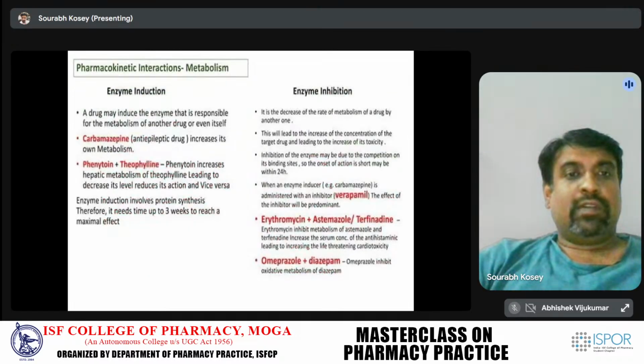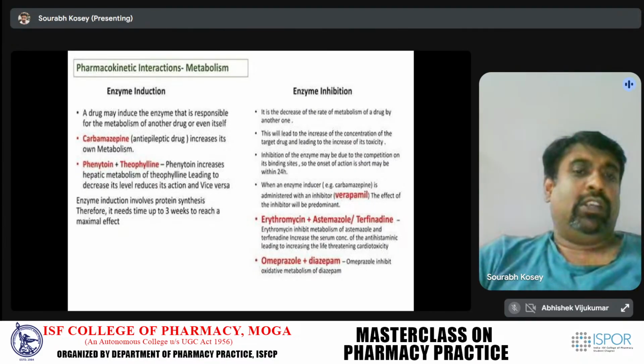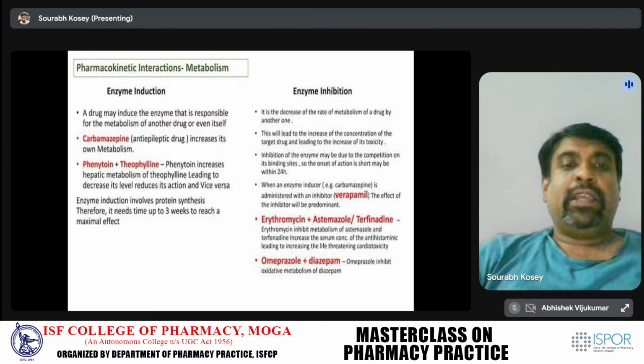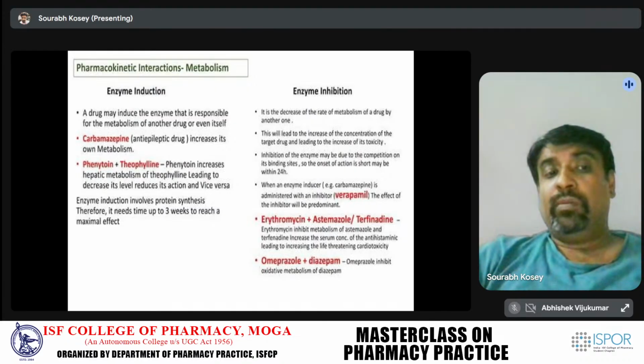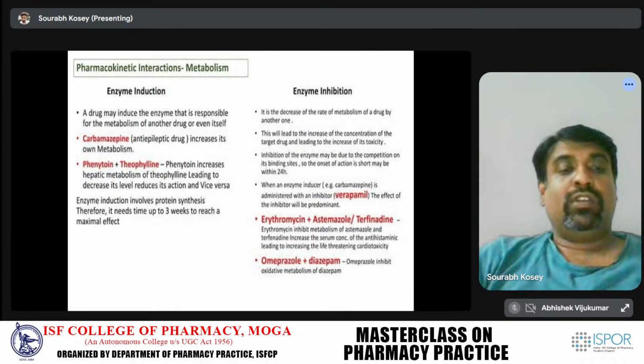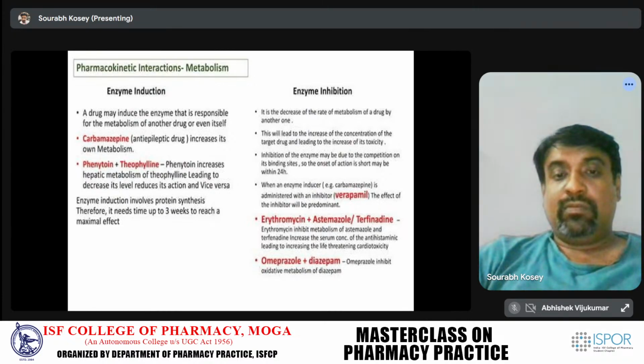Pharmacokinetic interactions, metabolism: in enzyme induction, a drug may induce the enzyme responsible for metabolism, like carbamazepine, an antiepileptic, which increases its own metabolism. Phenytoin plus theophylline increases hepatic metabolism of theophylline, leading to a decreased level of its action. In enzyme inhibition, examples are verapamil, and erythromycin plus astemizole, which inhibit metabolism.